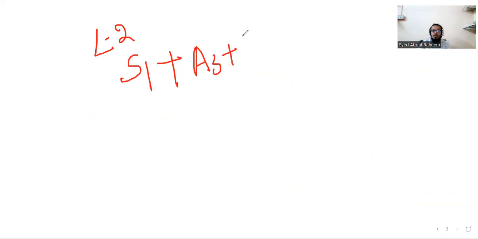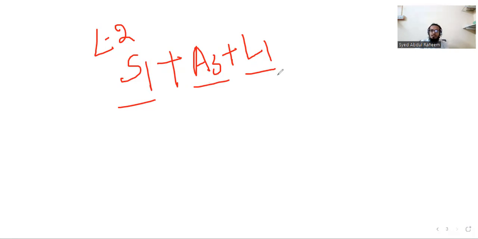Next we have L2. In L2 we have a combination. This is the combined remedy S1, A3 and L1. S1 and L1, we know, primarily work on lymph. But here we have A3, which improves the quality and the nutrition of blood and lymph both.